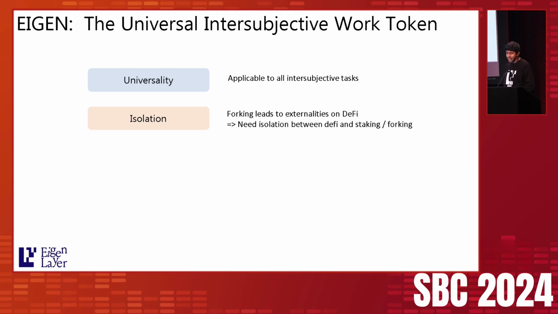The second one, which actually makes this insanely hard, is a property called isolation. Isolation is if a token is forking willy-nilly, that same token is listed on exchanges, the same token is being lent and borrowed, there's financial applications on all these tokens, it induces a downstream cascade of events that you don't want.